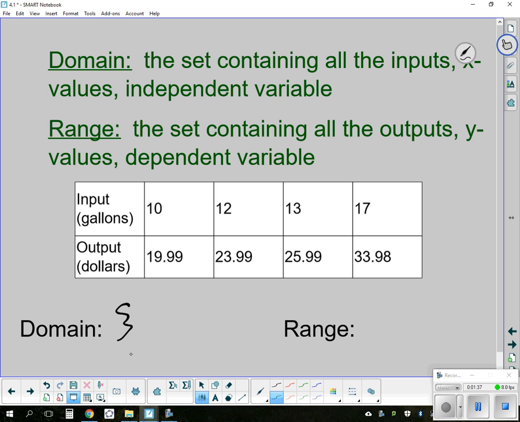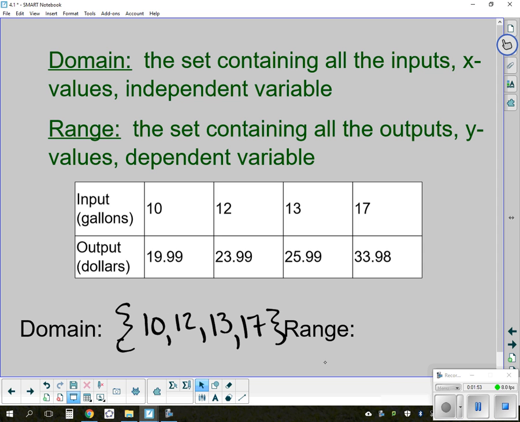So to list your domain, you want to list it in set notation. So we're using that curly bracket, and I know they don't always look great. Mine don't either, obviously, no big deal. So your domain is your x values, your inputs, 10, 12, 13, and 17, and then close it up.